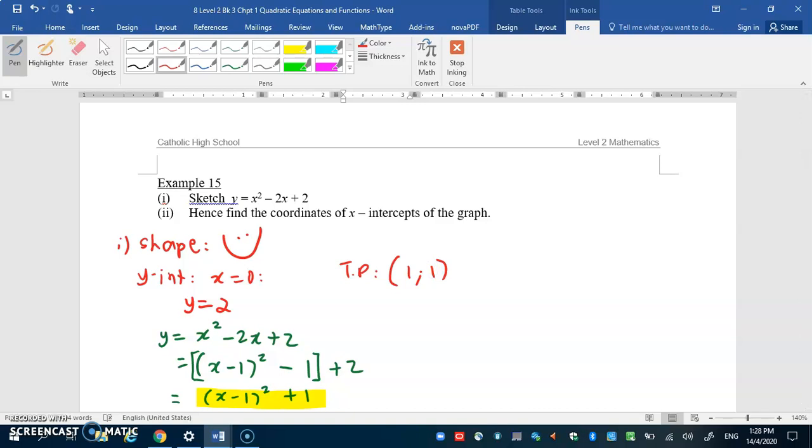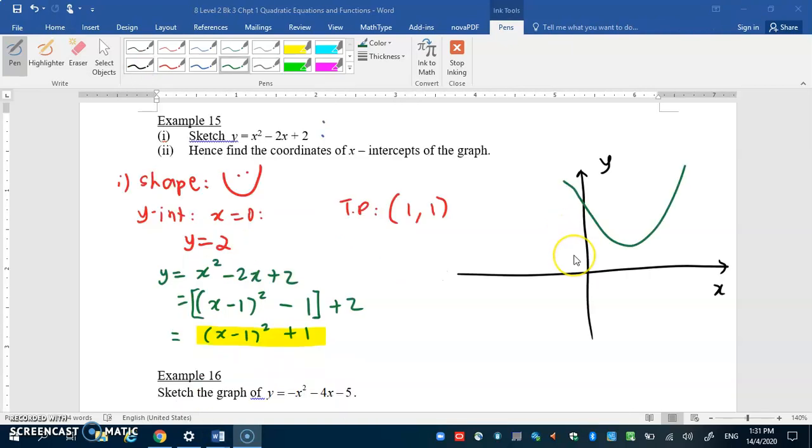Okay, so how do I sketch this? I have my y-intercept, I have my turning point, I have my shape. Can I start sketching? Of course. So I draw in my axis, I draw in my curve. How do I know that my curve is floating? Because I have no x-intercepts, right? So when I have no x-intercepts, it means that my curve does not even touch the x-axis.